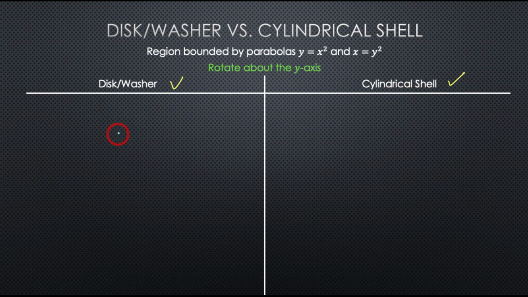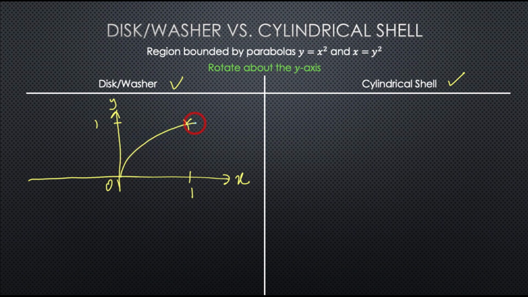Let's draw the graph. You have the y-axis, x-axis, the function is like this, 0 to 1, x equal to y square, y equal to x square.